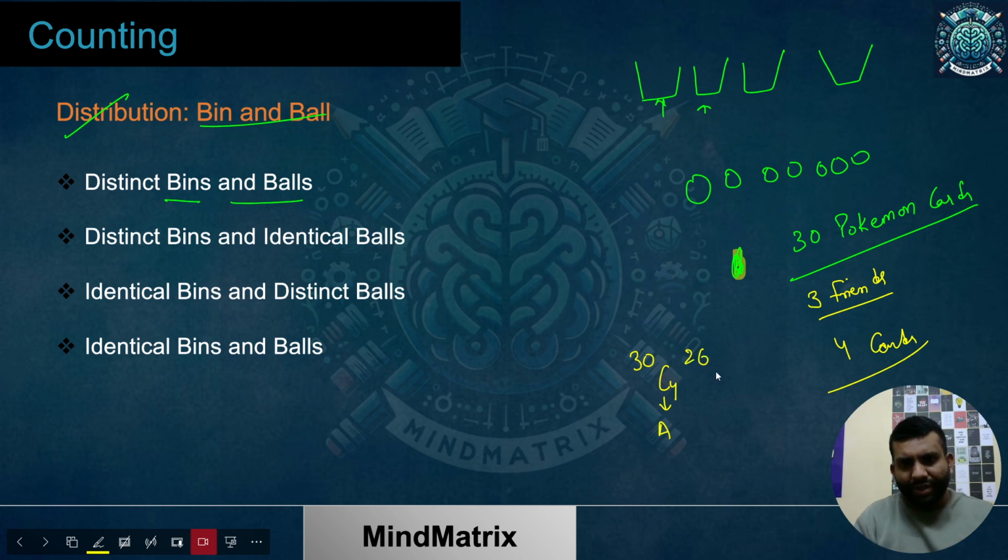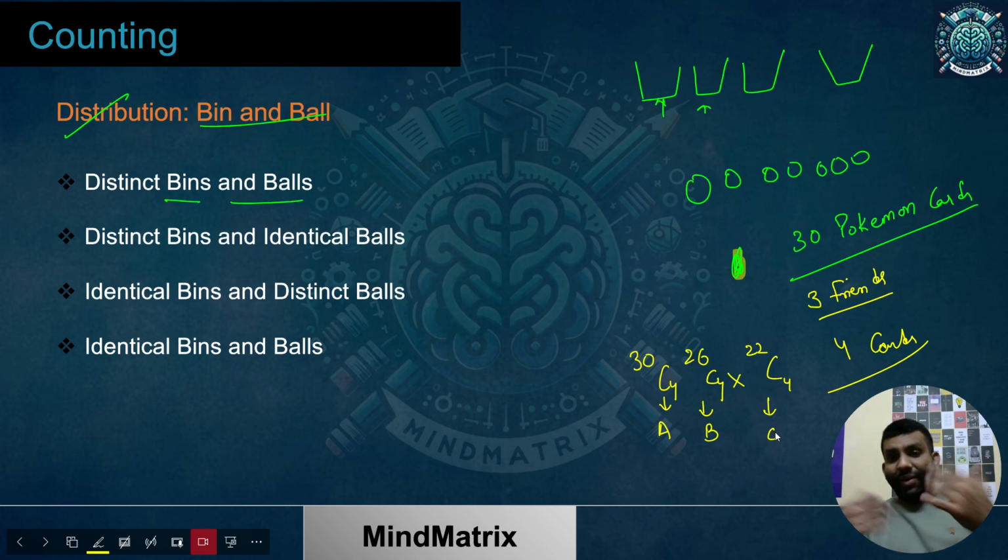Out of 26, again I'll pick 4, and those will be distributed to the next one, let's say B. Now I'm left with 22. So now I'll distribute again 4. That is going to C. And the rest of the cards, which are 18 cards, I'm not using. I have distributed overall 12 cards. So you might be thinking that okay, selection is done.